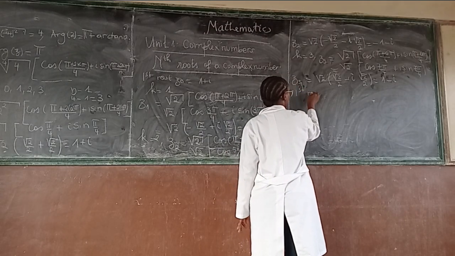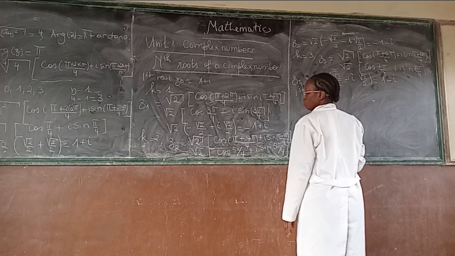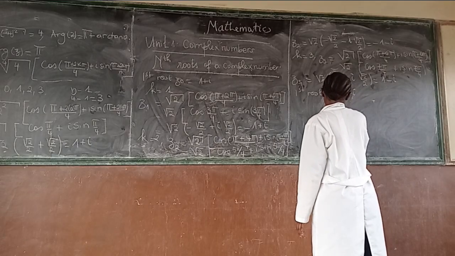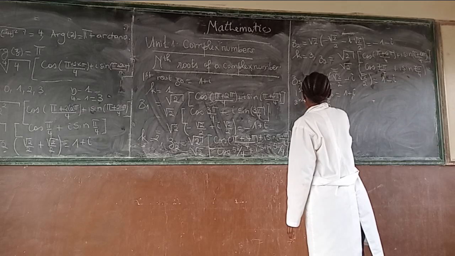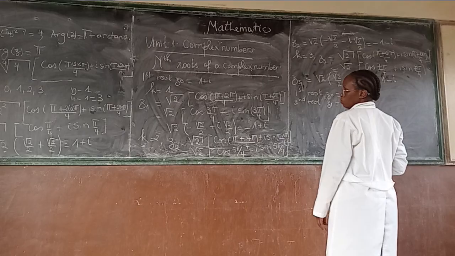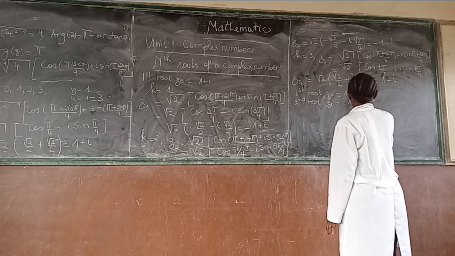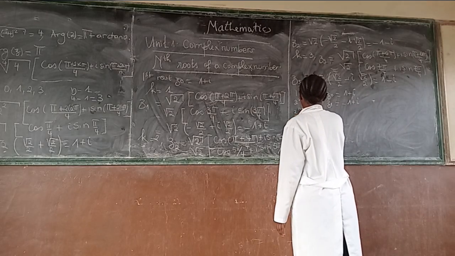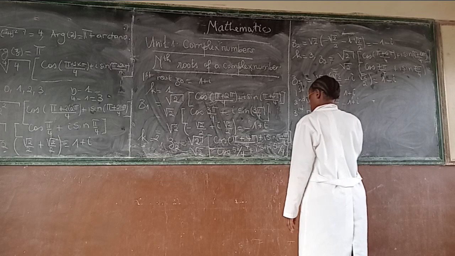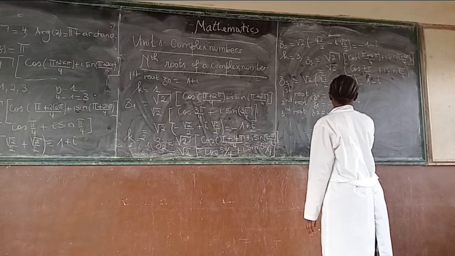First root, we get z equal to 1 plus i. Second root, when k is equal to 1, we obtain negative 1 plus i. For third root, when k is equal to 2, we get negative 1, negative i.